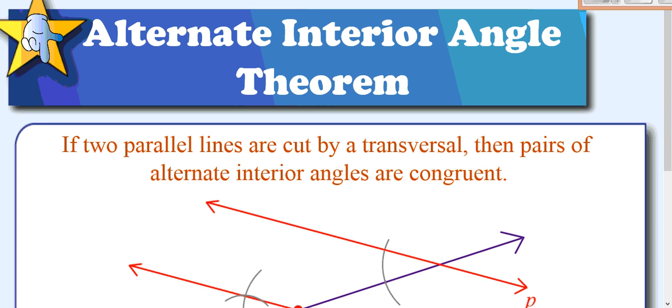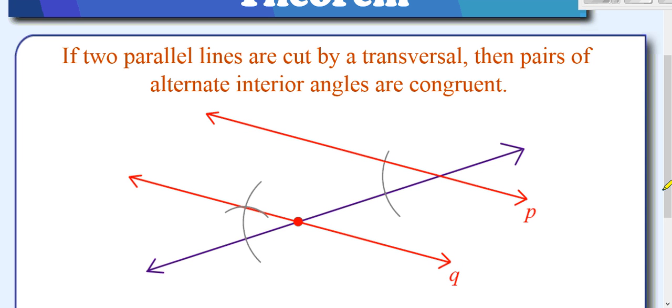So that proof that we just did, that's the proof of the alternate interior angle theorem. If two lines are parallel and cut by a transversal, then all of their alternate interior angles are congruent to each other. So those angles will be congruent because they are alternate interior angles.